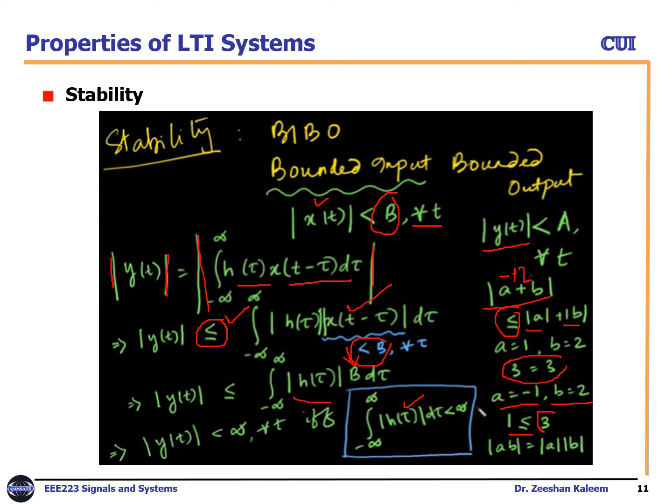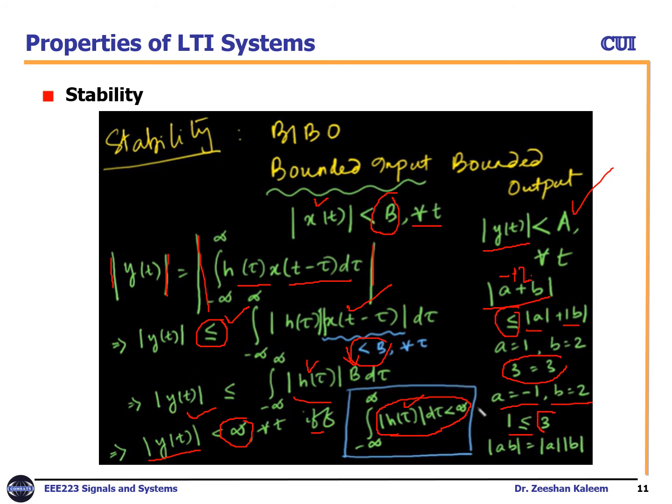And after simplifying more by putting a for the bound on y, if you get y of t absolute, then the result is less than infinity if and only if the integral of h of tau is less than infinity. So if it is not less than infinity, then y of t can't become less than infinity.